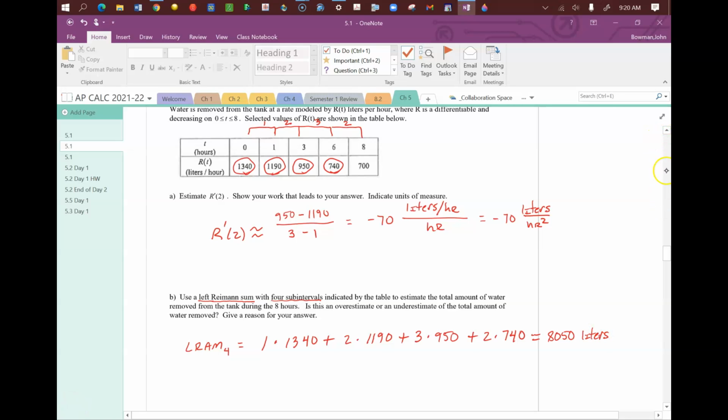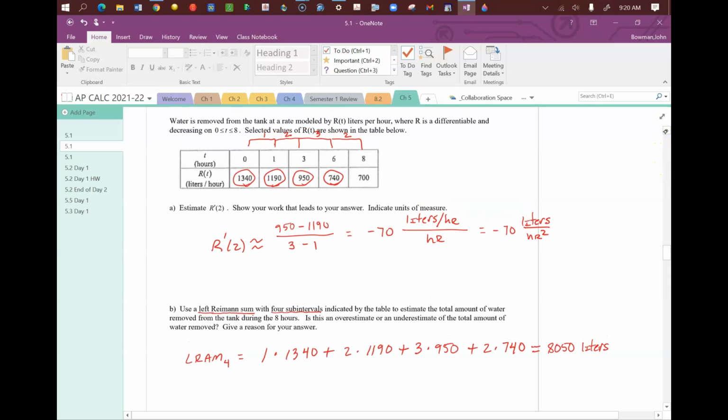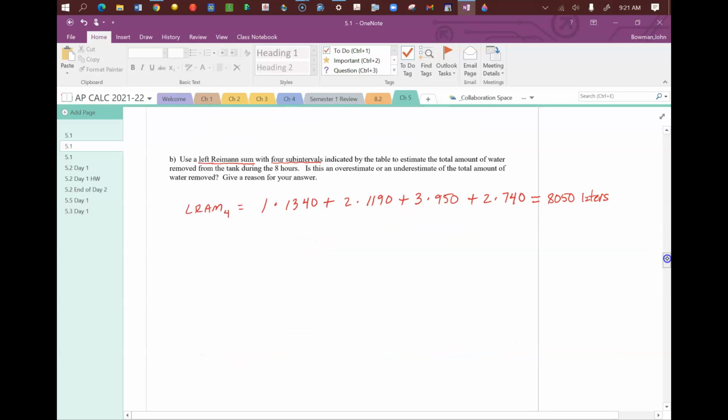The second part of that question asks whether or not it's an overestimate or an underestimate of the total amount of water removed. So if you go back to the stem of the problem, it says R is differentiable, which means it's continuous, and it says it's decreasing. Earlier I said I wouldn't try and memorize this.